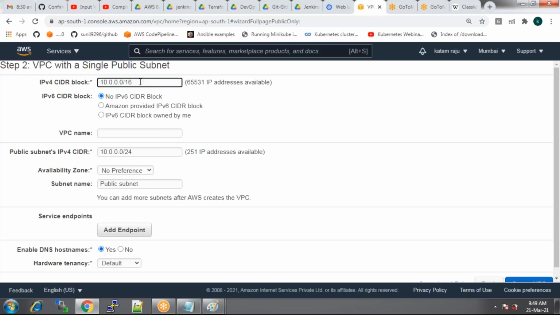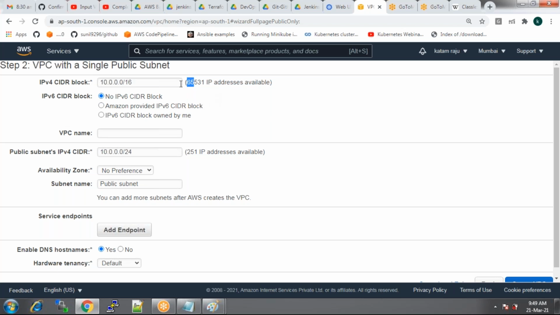What is the class type? Class B. So it can accommodate about 65,536. But why is it showing us 65,531? The other 5 IPs are reserved for AWS purposes.